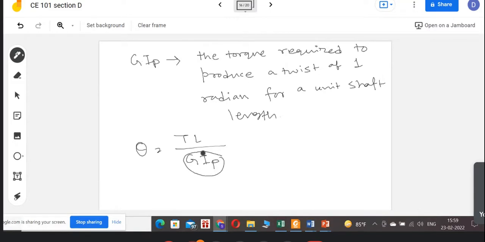So this is the dimension case. This GIP is equal to T into L by theta.